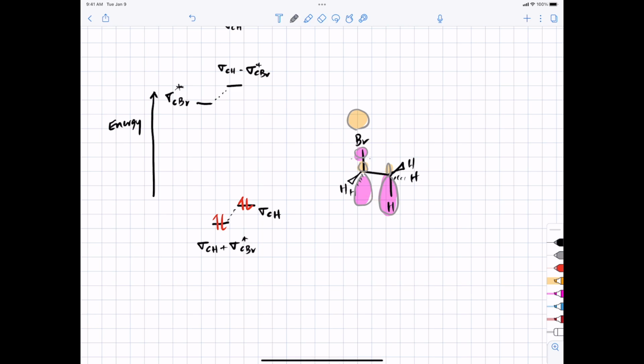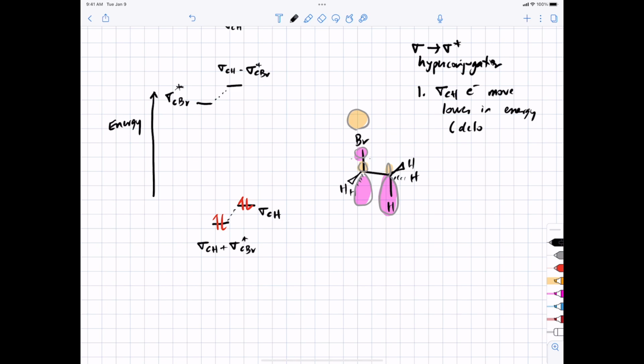So one consequence of hyperconjugation, we'll call this sigma to sigma star hyperconjugation. One consequence of this is that the carbon-hydrogen sigma bond electrons move lower in energy because of partial delocalization.